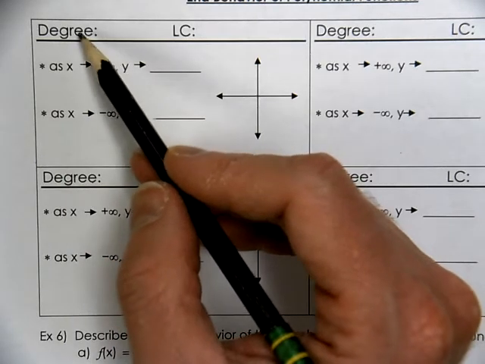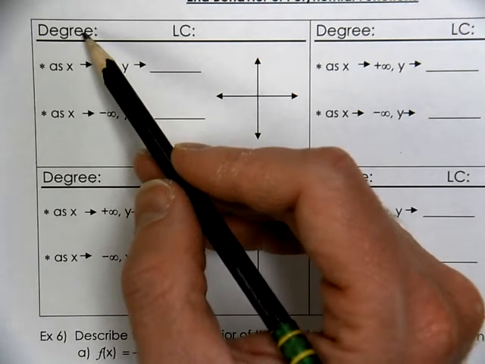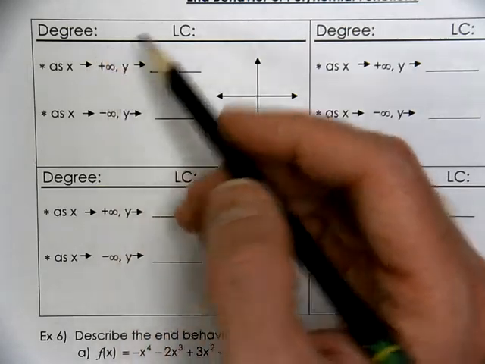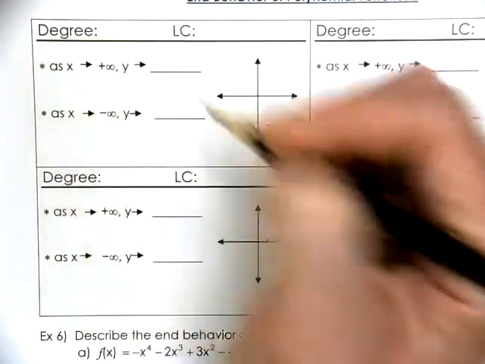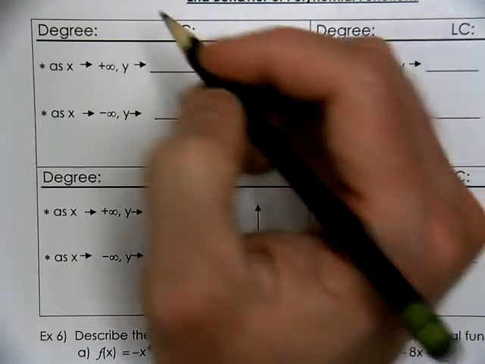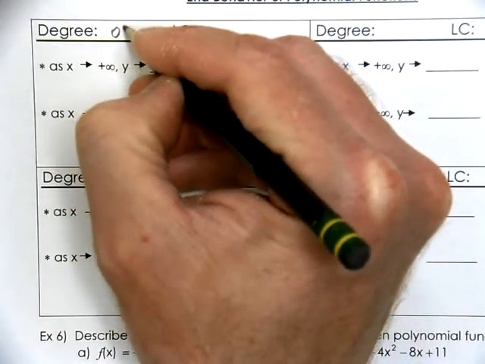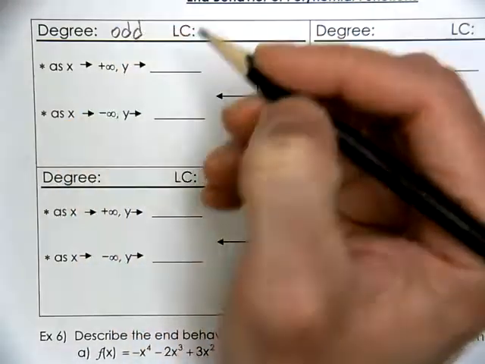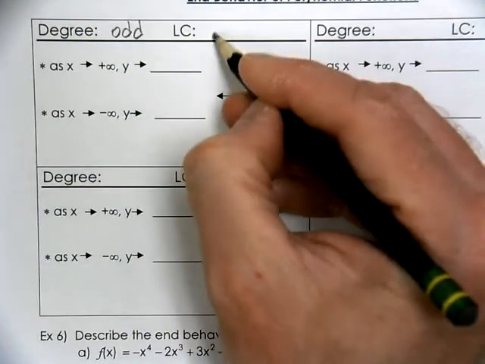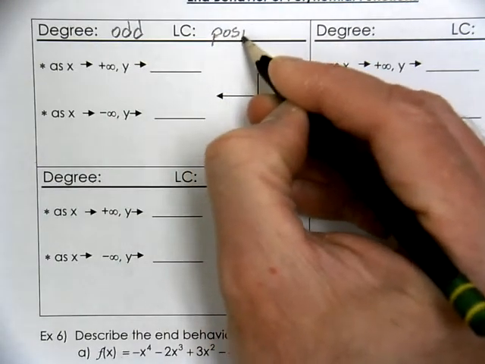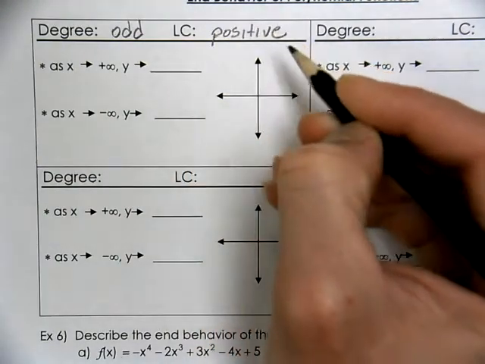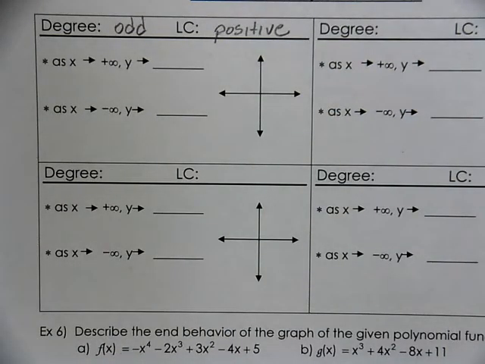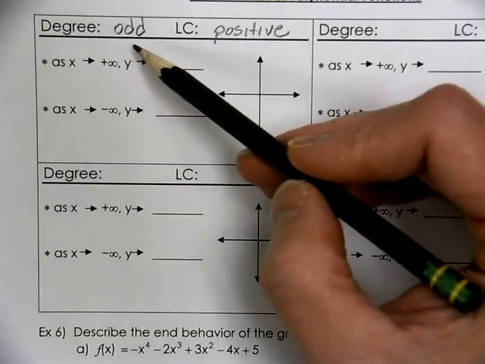Remember, when the degree is 1, it's linear. When the degree is 2, it's quadratic, and so forth. We're going to look at a degree that is odd. And the leading coefficient is positive.